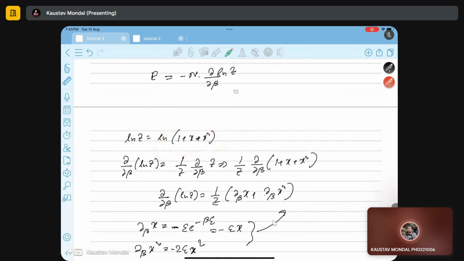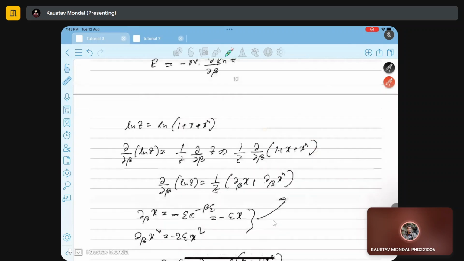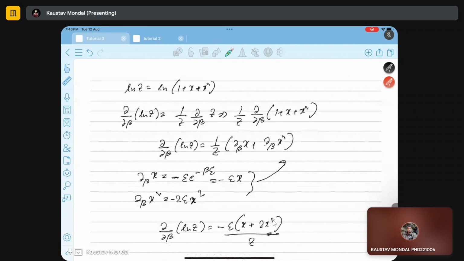Now if we do the derivative del beta of ln Z, you got this 1 by Z outside, then del beta of Z, where Z is 1 plus x plus x squared. X is nothing but e to the power minus beta epsilon.